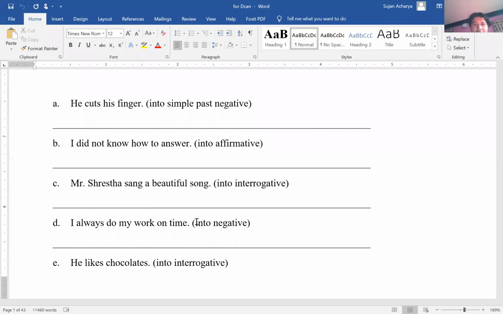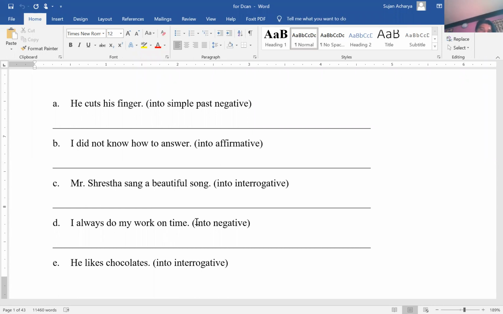Now copy the question, write down the answer. He cuts his finger, it's in simple present tense. Now first, simple past negative: change the sentence into simple past.